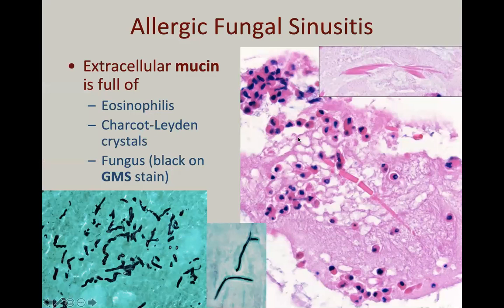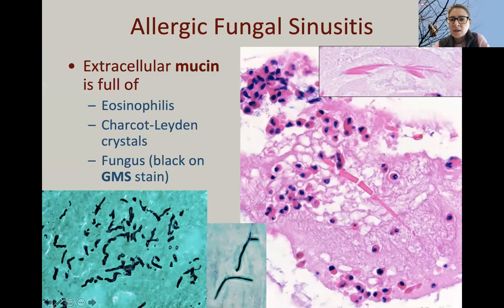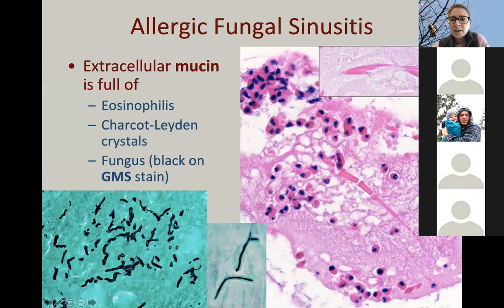These patients end up secreting a lot of mucin into the airways. So we see this pink extracellular mucin floating around in the air spaces with eosinophils in the mucin, with so-called Charcot-Leyden crystals, which are basically the degranulated products of the eosinophils, clumped or clustered together.